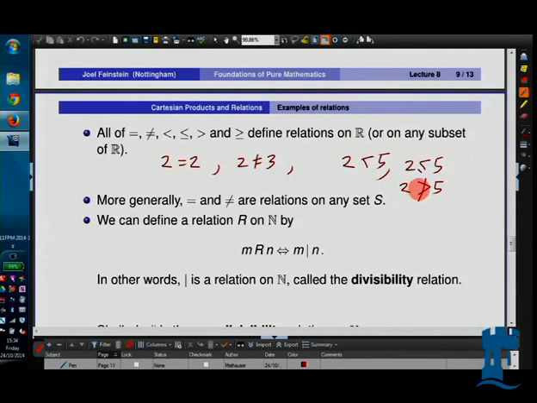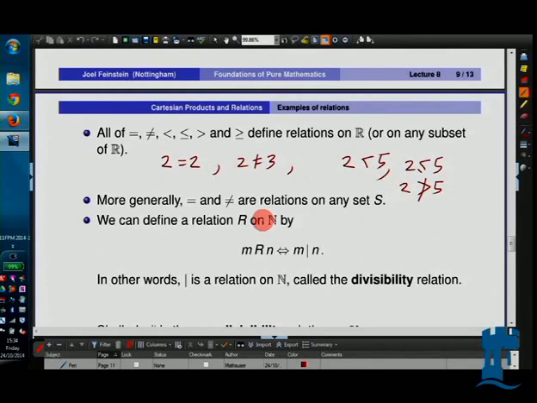You wouldn't normally do that because not greater than means less than or equal. And so on, okay? So you can do this sort of thing, and that gives you lots of relations. You can use the equality relation and the not equality relation on any set. It doesn't have to be a subset of the real line. That works because equals and not equals make sense whatever set you're dealing with.